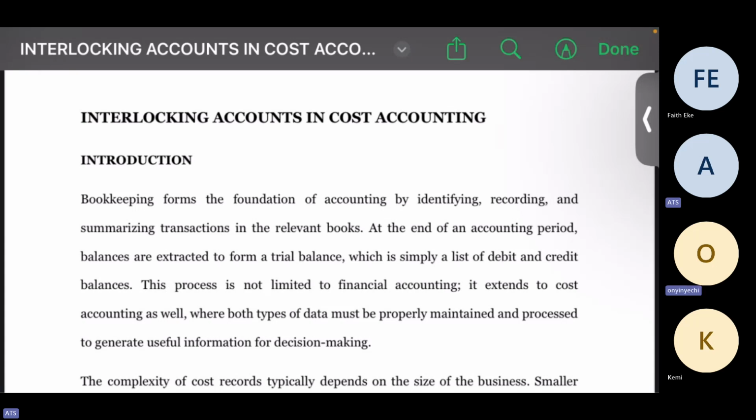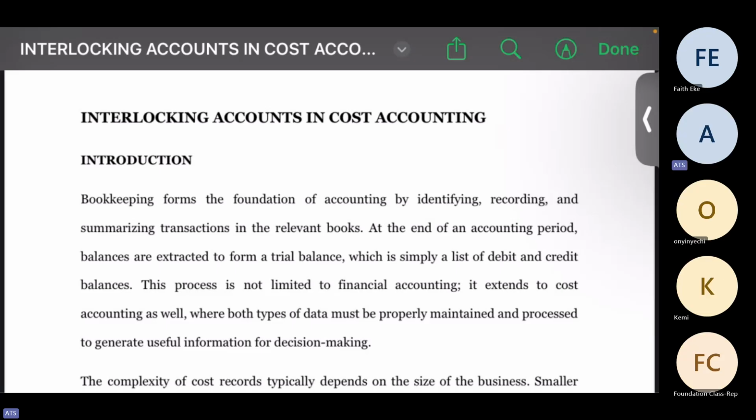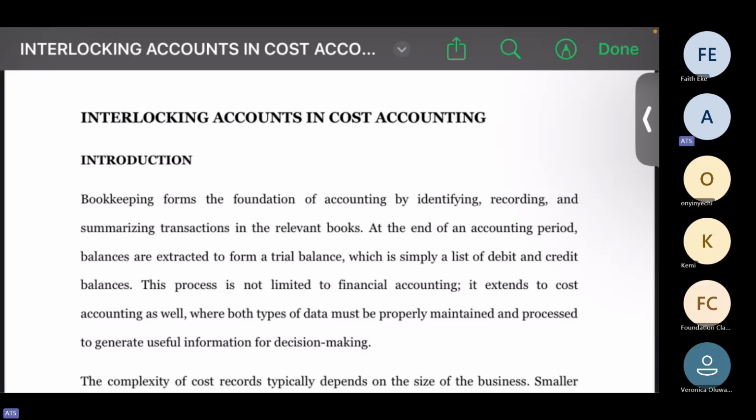So today we're going to start with interlocking accounts, and further classes will deal with integrated accounts. Before I go into describing what interlocking or integrated means, bookkeeping forms the foundation of accounting, financial accounting specifically.